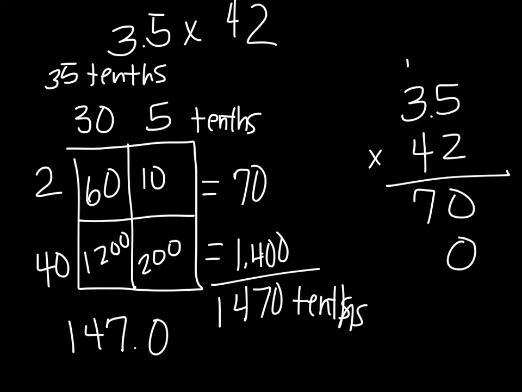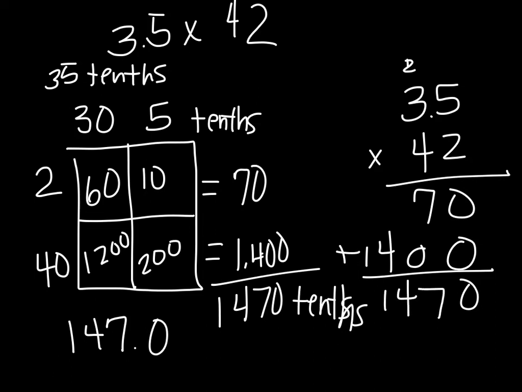Placeholder because I'm moving to my tens place. 4 times 5 is 20, 4 times 3 is 12, and 2 more gives me 14. Now I'm going to add. I get 1,470, but I do have tenths. You see here that I have tenths, and so I have to have tenths in my answer, and so I get 1 decimal place in my answer.